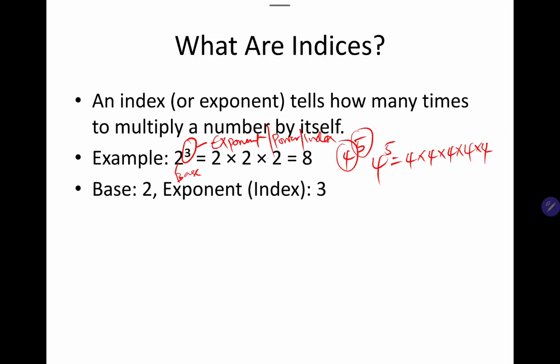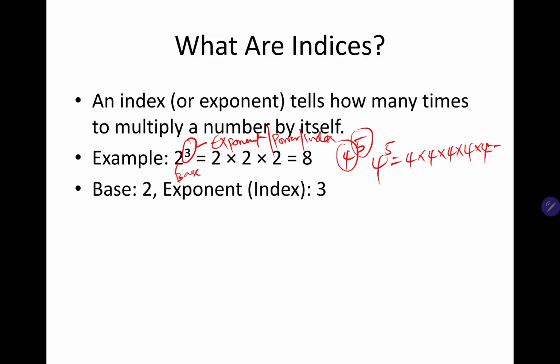That is the meaning of this, that is what an index tells you to do. Like I said again, there are 2 major things you have to pick out from here: the exponent, or power, or index, and then the base.